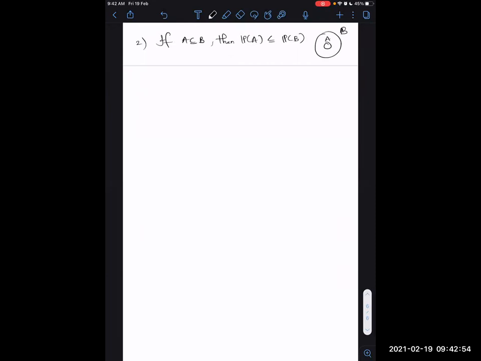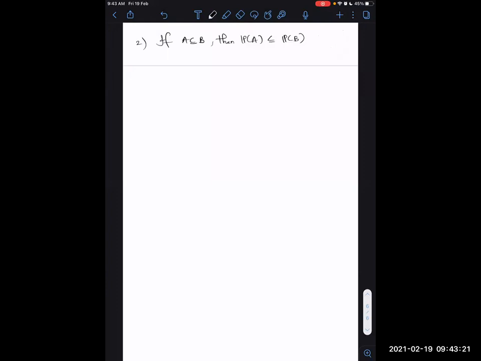When B happens, A need not happen, because it can be some point outside A. But when A happens, it definitely means that B happens. So whenever A happens, B definitely happens, and hence the probability of A is less than or equal to the probability of B. But that's not enough for us. We need a formal proof for this.